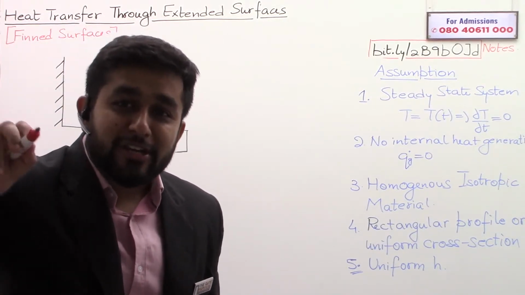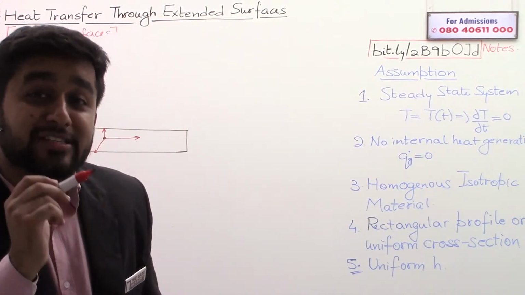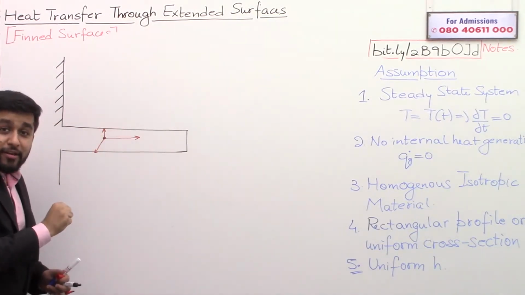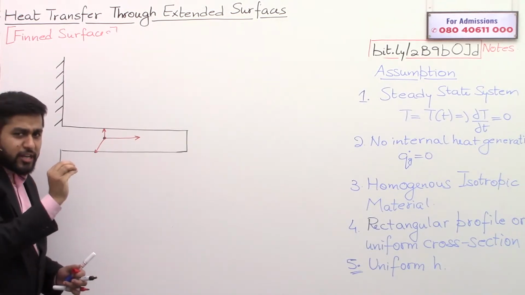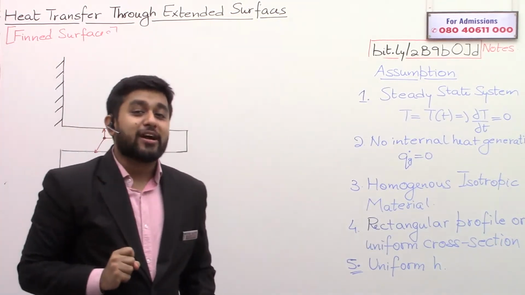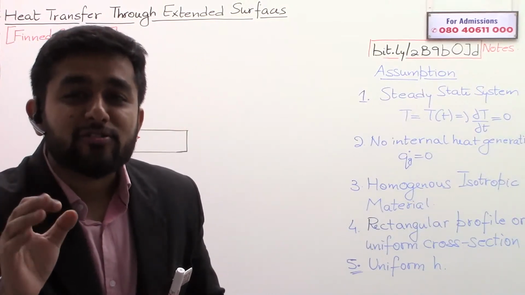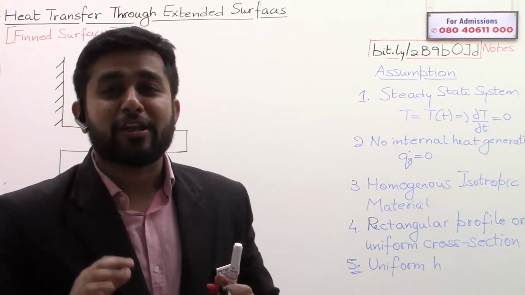So temperature is decreasing along x, y, and z. So if I consider inside the material, temperature is a function of x, y, and z. So definitely this is 3D heat conduction. But I am going to assume the temperature is only a function of x. So I will consider only one-dimensional heat conduction.